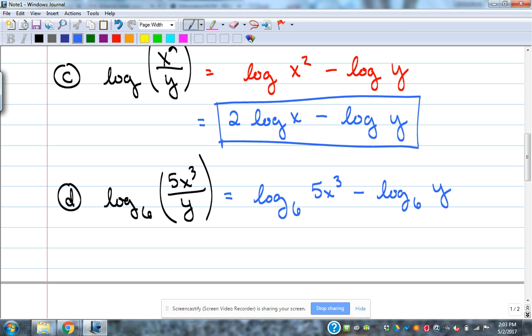Which one of those will split apart and simplify or expand a little further? The first one, yeah, it's got 5 times x cubed. So the 5 times x, that's going to give us a log base 6 of 5 plus what?